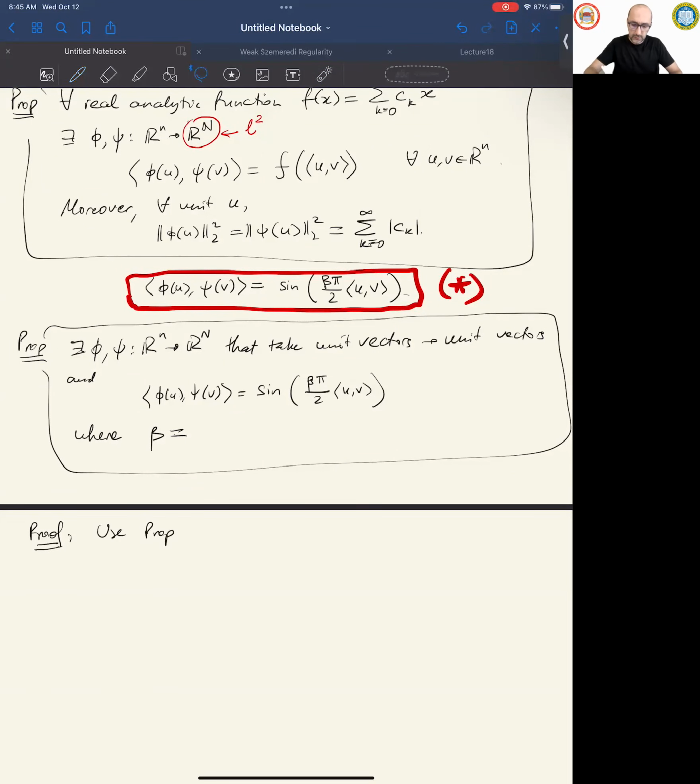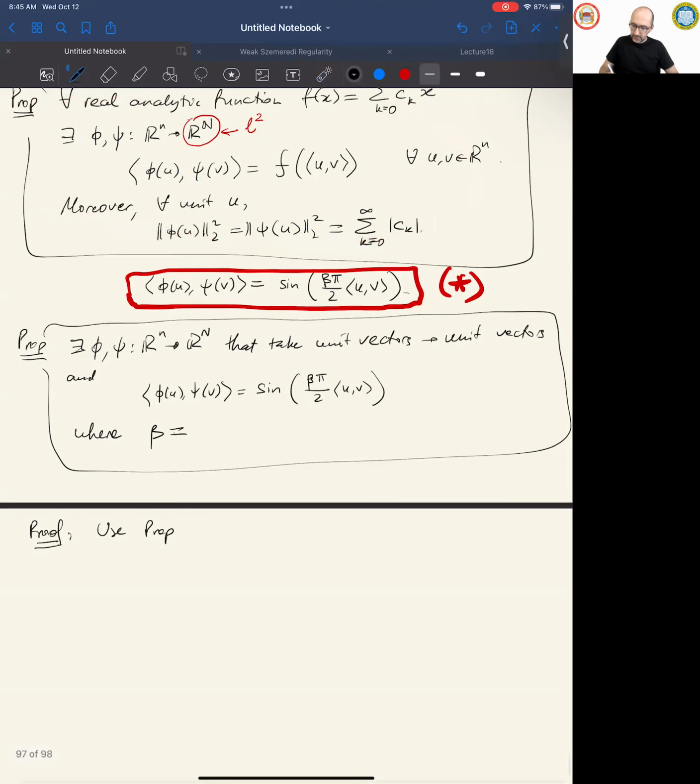Okay, so we'll just use this. We'll use our tool, the very powerful tool here, for the specific nonlinearity for f of x equals sine of x, where, you know what, let's call this constant c, sine of cx. Sine of cx, okay. Do we remember the Taylor expansion for sine? All right, this looks like the Taylor expansion for the exponential, but it's okay.